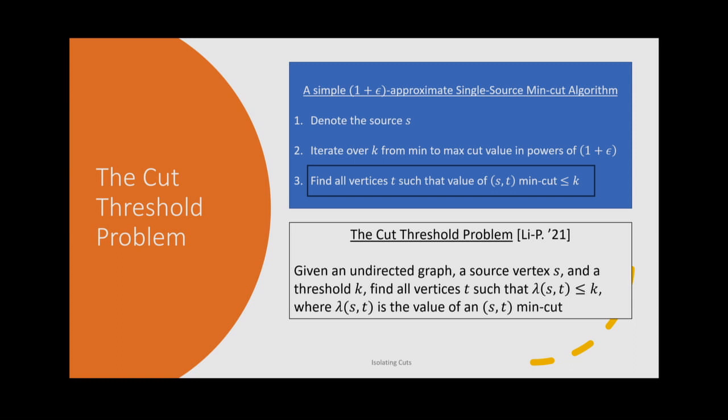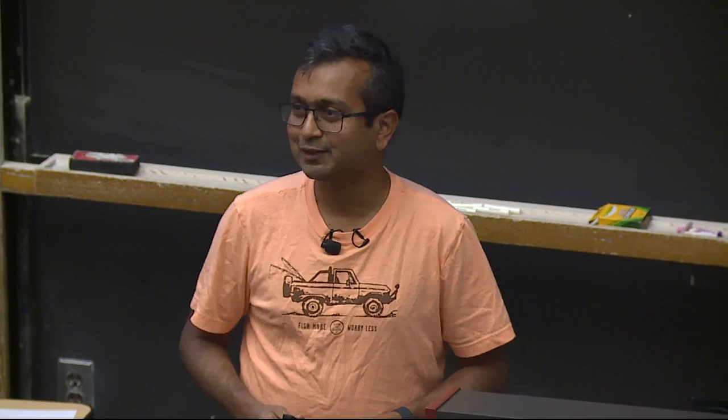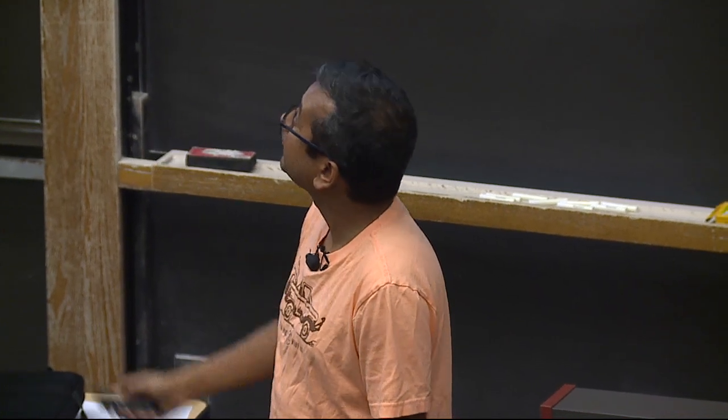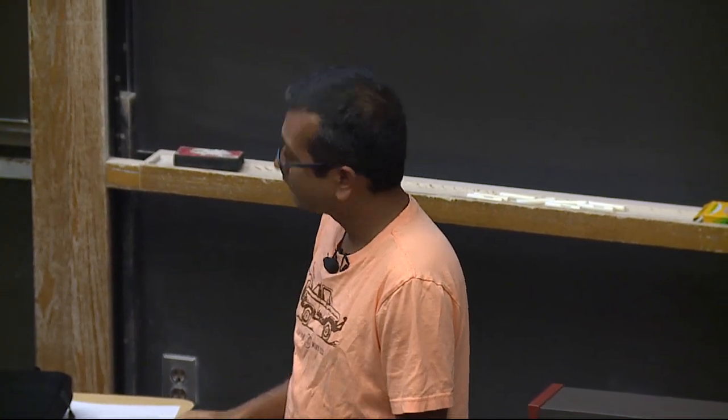I'm not asking for any of the values, I just need this set. Okay? So it's everything that's below the threshold, I want to separate them from everything that's above the threshold. Okay, so we want to solve this problem, and again, thankfully, isolating cuts comes to our rescue. How do we solve this? Okay, so that's the problem again.